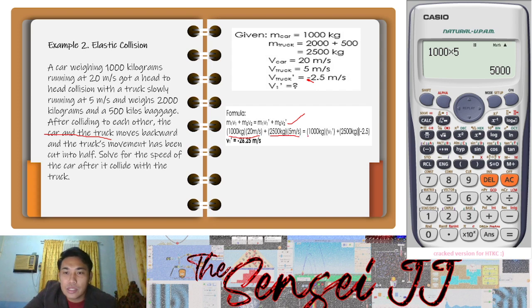So we have the same mass for our car, 1,000, but a missing velocity. The mass of the truck is still the same, with negative velocity for its movement. So the slide shows a value of v1 prime of negative 26.25.